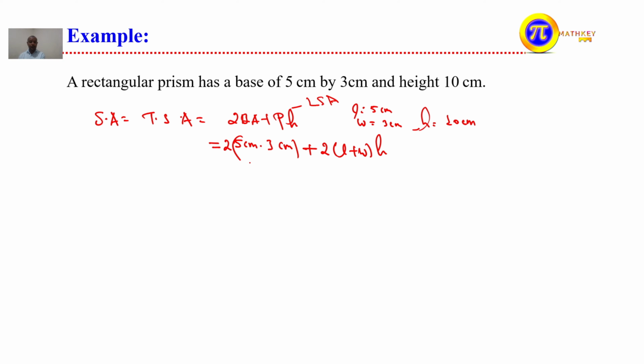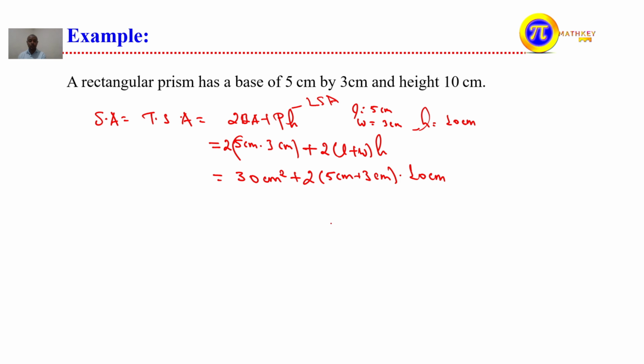So 5 centimeter times 3 centimeter is 15 centimeter square, times 2, equal to 30 centimeter square. Plus 2 times length 5 centimeter plus width 3 centimeter, then times the height, 10 centimeter.